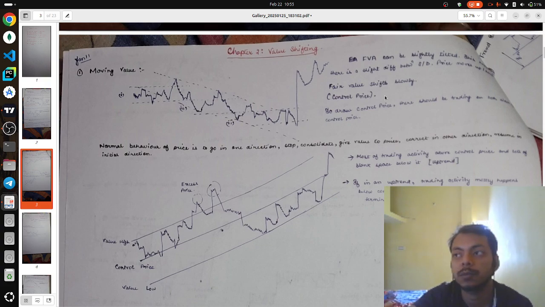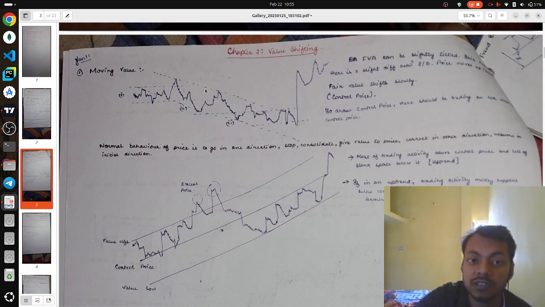This happens when supply and demand are not very much different. They are almost equal, but one slightly exceeds the other. For example, if it is going in a downtrend, what does this indicate? That supply was greater than demand. That is why price is coming down.